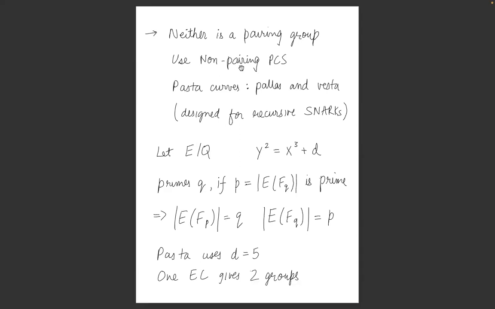Both of them are non-pairing groups, and they do give a large proof in comparison to KZG, I think.